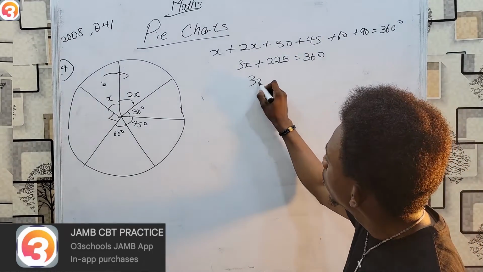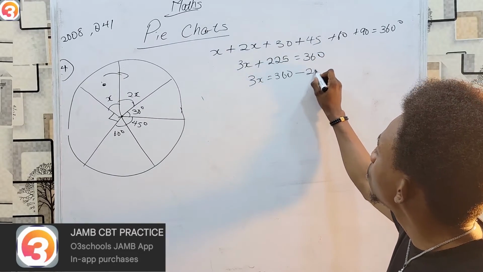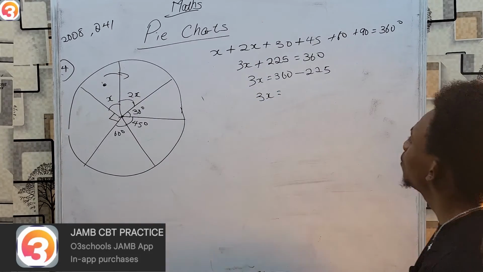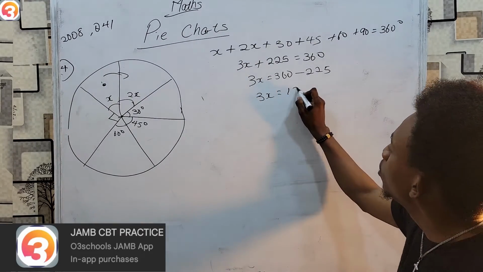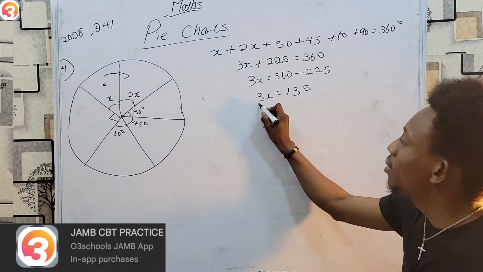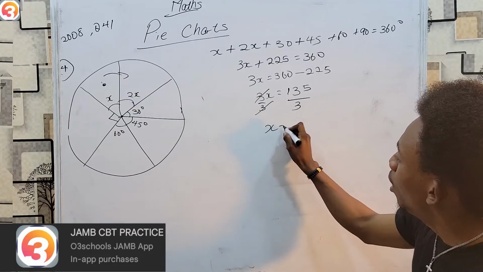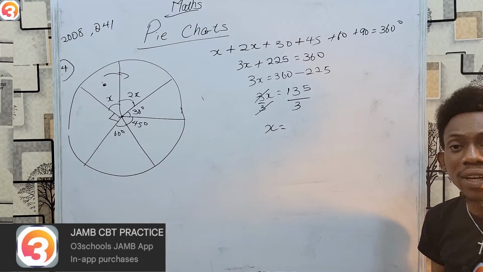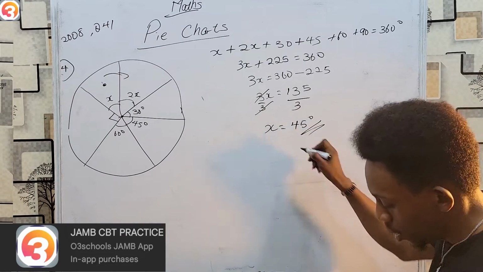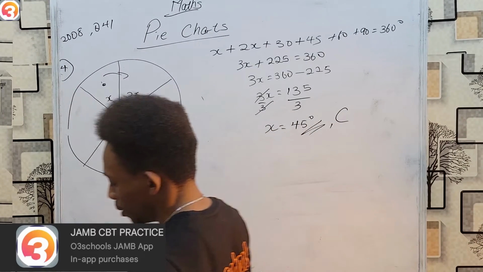Next up, 3x will be 360 minus 225, which is 135. And to find x, dividing 3 over 3, x would be 135 over 3, which is 45 degrees. And that is option C.